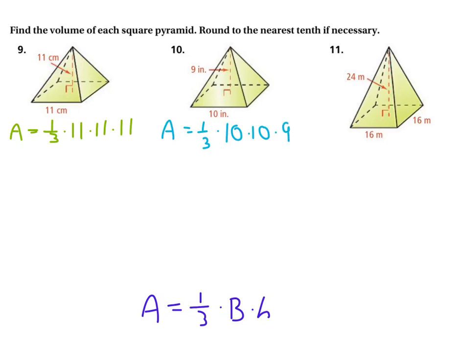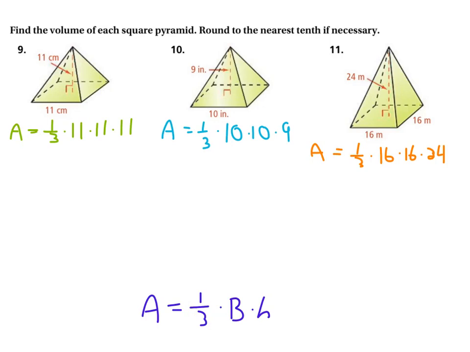Okay, and finally we've got for number 11, we've got the area is equal to 1/3 of, or 1/3 times length times width, 16 times 16, times the height of 24. And we'll put in the units in a minute. Units squared, of course, cubed, of course, because it's 3 dimensions.